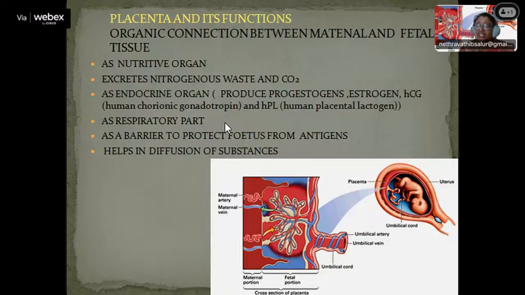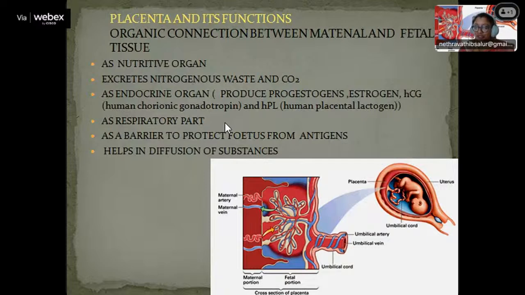The next one is HPL, human placental lactogen, which will trigger the prolactin to produce milk. Remember once again, very important for the exam, the hormones produced by the placenta are progestogens, estrogens, HCG and HPL. These are the 4 hormones produced by the placenta only during pregnancy.